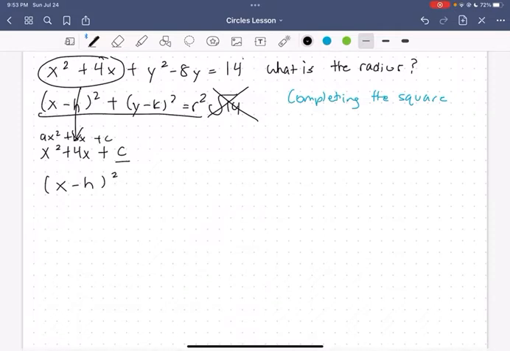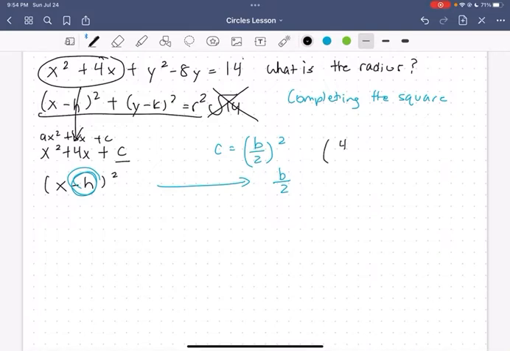If I had to give you a formula for what c is, then I would say c is just b over 2 the whole square. And for the number inside the parentheses, whatever that number is, I would do b over 2. So you'll see what I mean in a second. Let's try b over 2 the whole squared.